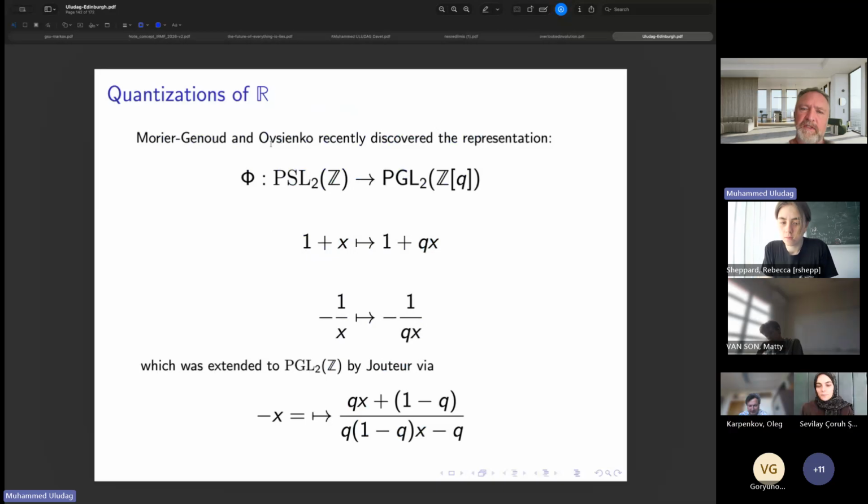So Mourier-Genoud and Ovsienko discovered the representation which sends the operator 1 plus x to 1 plus qx, and minus 1 over x to minus 1 over qx. And it can be extended to the whole of PGL2(Z).